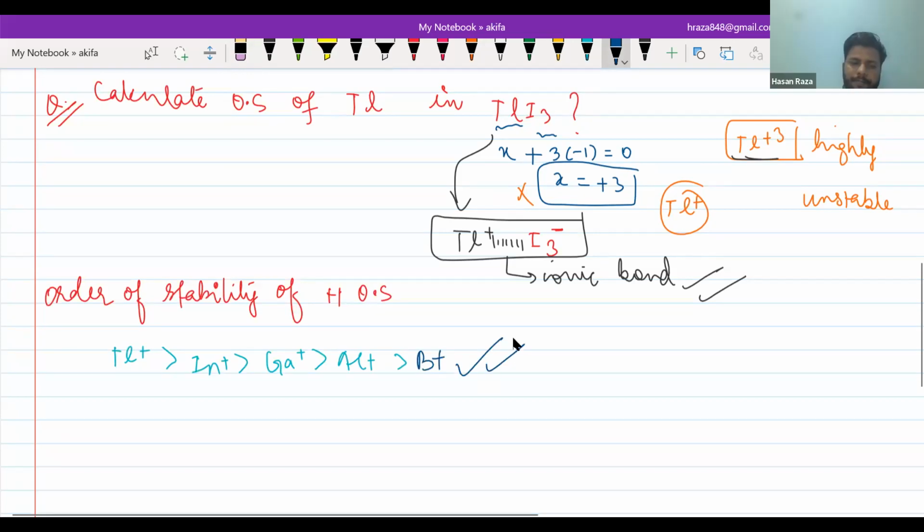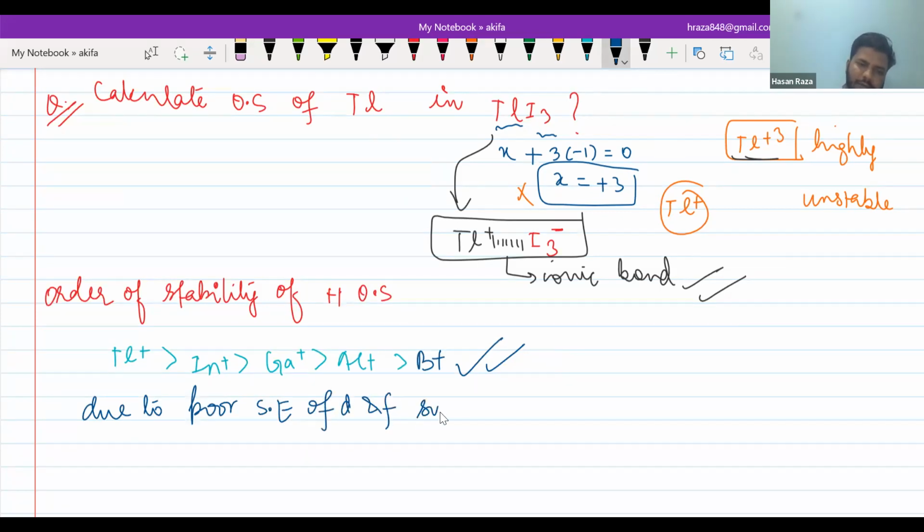Just write it. What is the reason? Due to poor shielding effect of the D and F subshells.